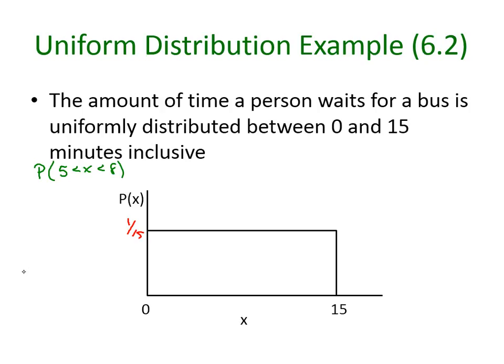Well, this is going to be my area. The chance that if this was a schedule every 15 minutes, then I'm going to have a 20% chance that I'm going to wait between 5 and 8 minutes.